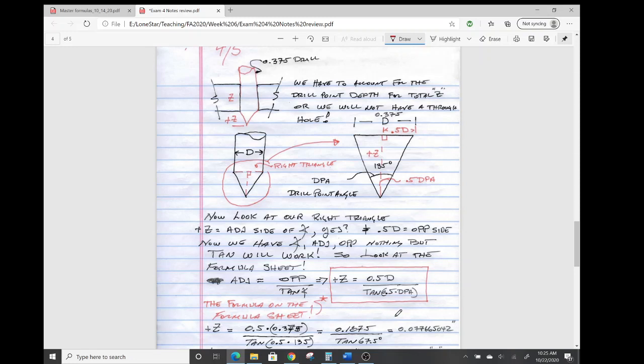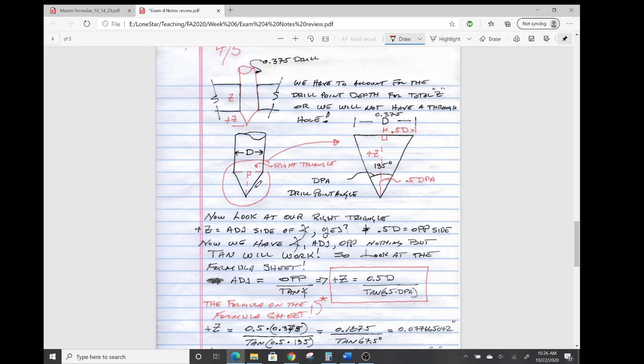All right? So let's look at our right triangle. Our Z-add is the adjacent side of the angle, yeah? And 0.5D is the opposite side, right? Here's our Z depth.